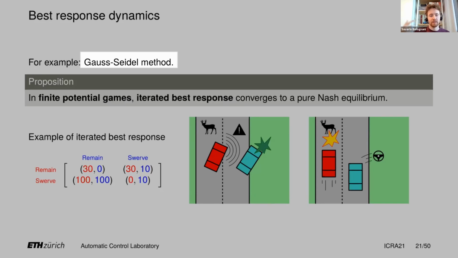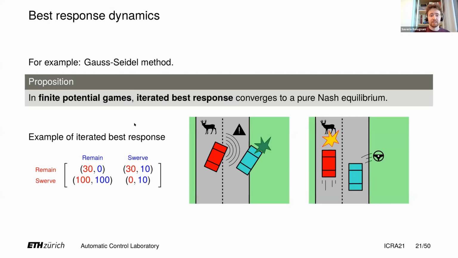And you cycle through the coordinates until you converge. This is a method that you can just take from nonlinear optimization and use to find the Nash equilibrium. And in fact, it's very practical for the solution of a potential game. It's just a matter of calling it with different names: iterated best response. So what you get almost for free for potential games is that iterated best response is guaranteed to converge to pure Nash equilibria in a finite potential game.